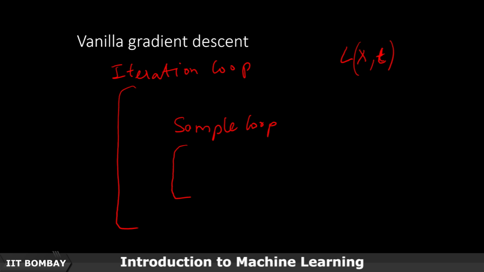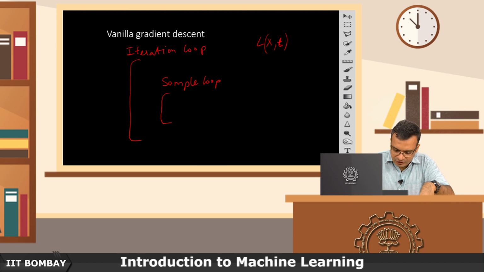Their loss will be in the sample loop, so we will compute L of xi and ti. So your big loss, capital L, is going to be capital L plus L of xi ti. This is the sample loop over i, and this is the iteration loop over, let's say, n iterations.